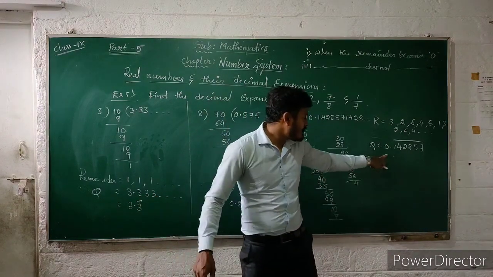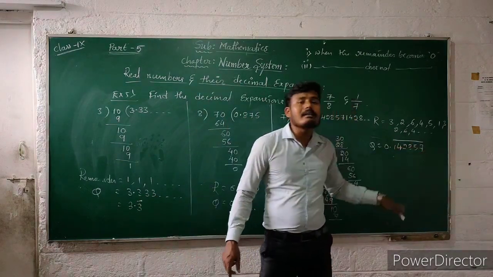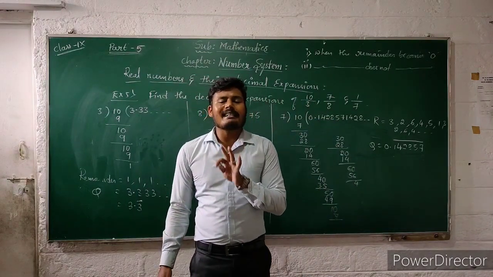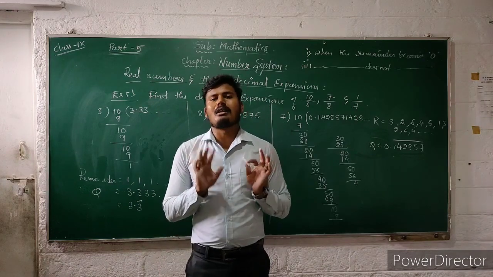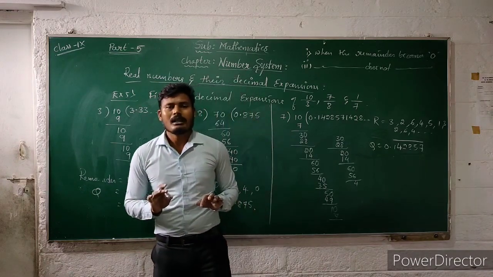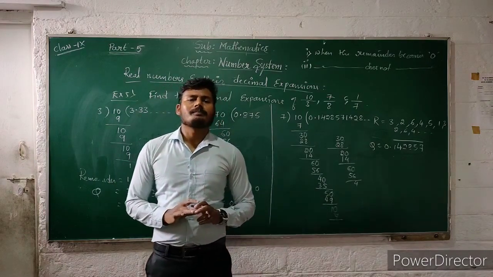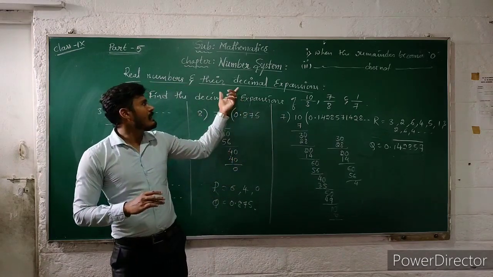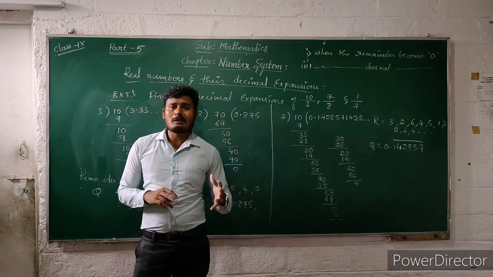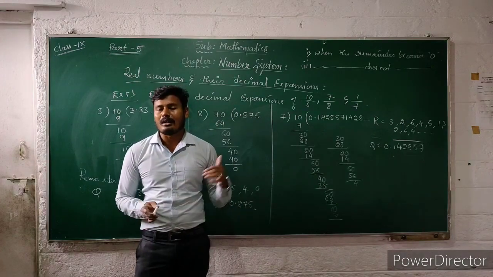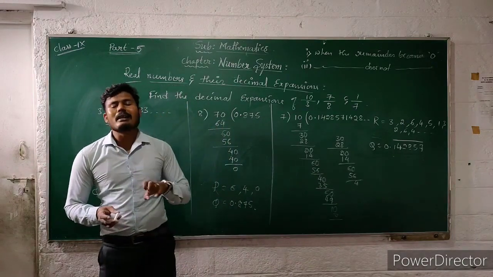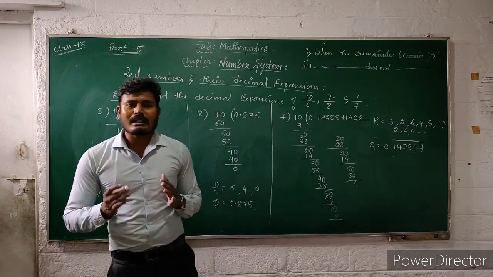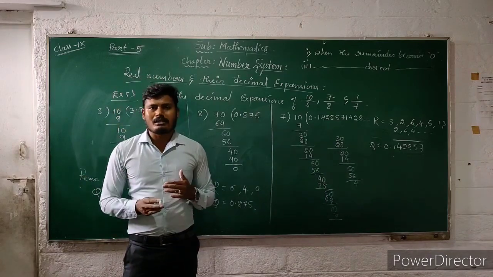So these are the two main decimal expansions of rational numbers. This is a very important concept. I hope you understand properly the decimal expansion of real numbers. Particularly today we have discussed the decimal expansion of rational numbers, because rational numbers also belong to real numbers.